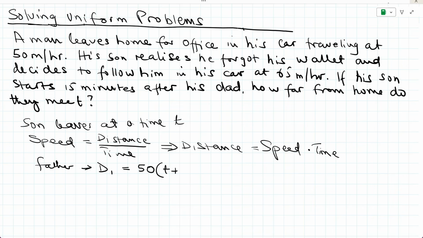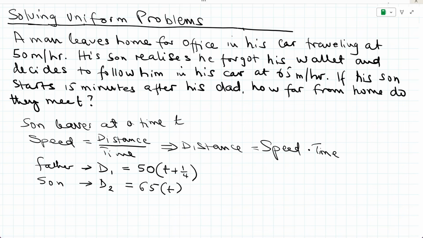And 15 minutes in terms of hours is 1/4 of an hour. And his son will also travel the same distance, but we can call it d2, just so that we can have the difference. And this will be given by his speed of 65, multiplied by t, the time it will take.